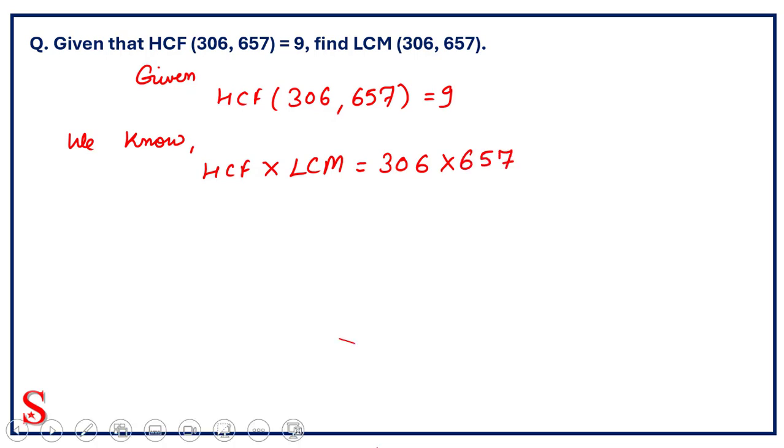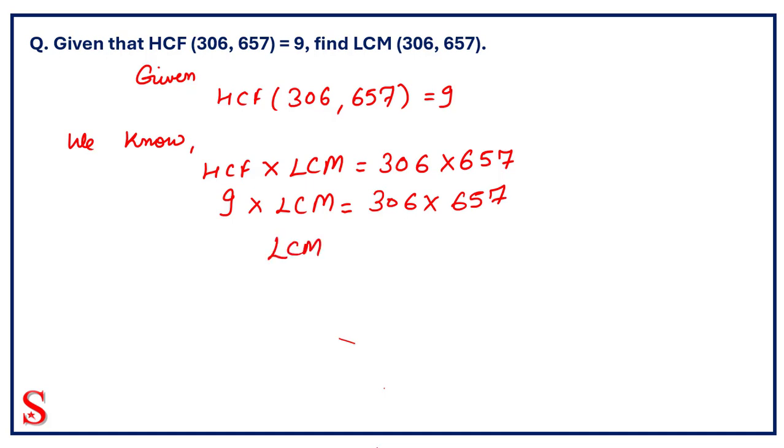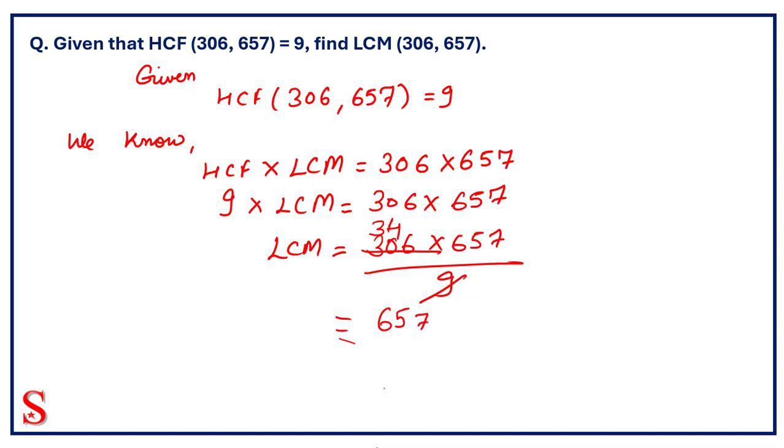The value of HCF is 9 and LCM we have to find out. Now we need to multiply 306 with 657, or maybe we can check whether either of these two numbers could be divided by 9 to simplify our calculation. If we move 9 to the right hand side, it would come in the denominator. So 306 can be divided by 9.